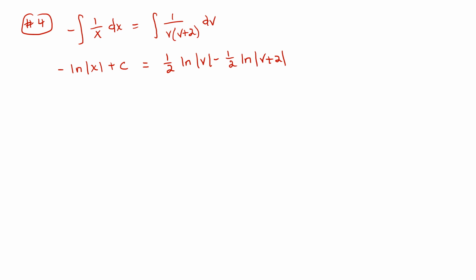Okay. To get c by itself, I'm going to add the natural log of x to the right-hand side. So c equals the natural log of x plus 1/2 natural log v minus 1/2 natural log (v plus 2).